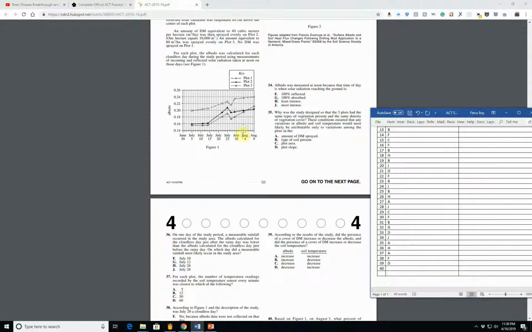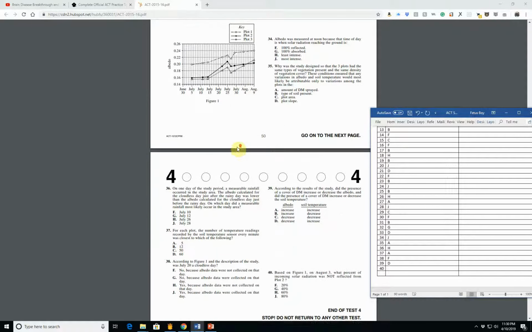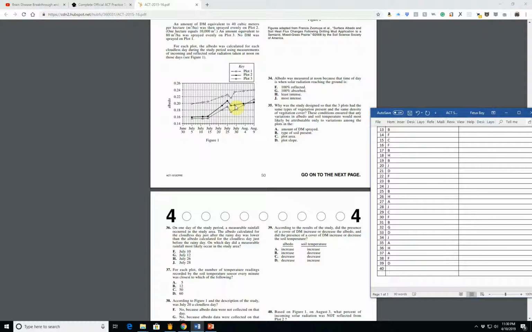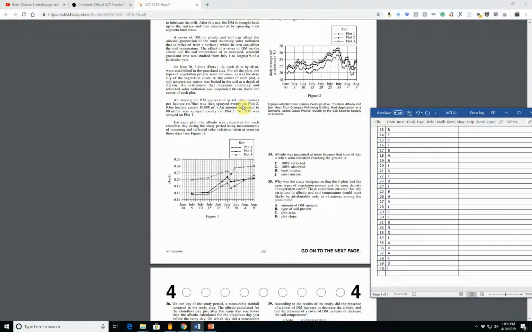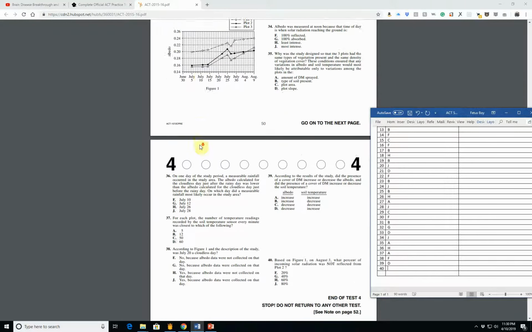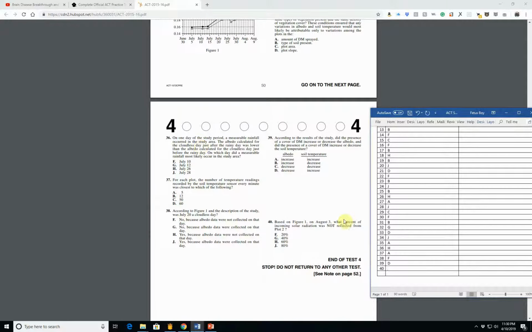August 3. Plot 2 is... Okay, so it looks like roughly 20% was reflected. So 80% would not be reflected, so that would be J.